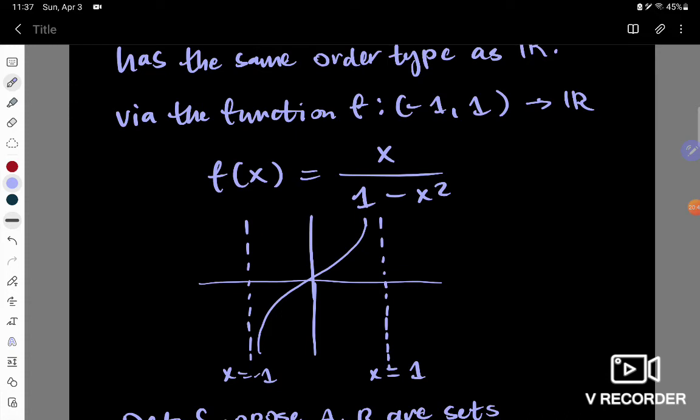So not from the horizontal line test, sorry. You can see the order preserving nature, hopefully, if you think about this for a little bit. But yeah, this is just an informal way of proving that this gives an order preserving bijection from this interval (-1, 1) to all real numbers.